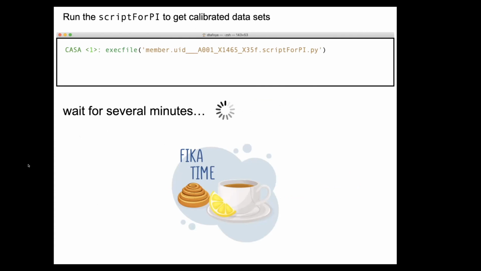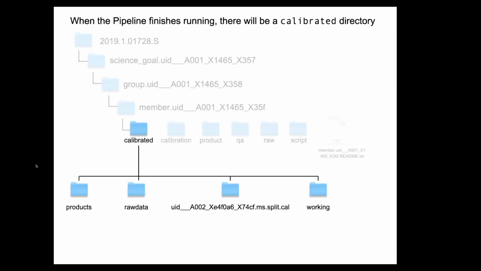And so after several minutes of this, you will see in the CASA terminal that the pipeline finished successfully, and you will have a new directory apart from the ones that you already had, the calibration products and so on.